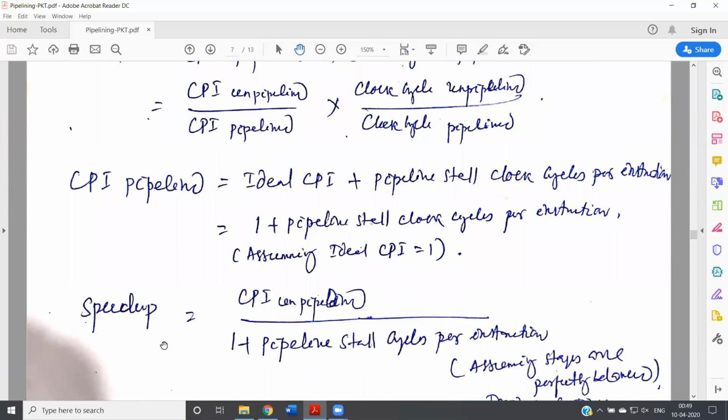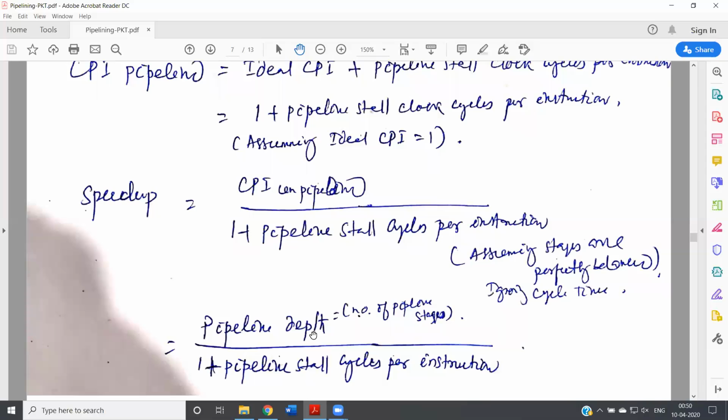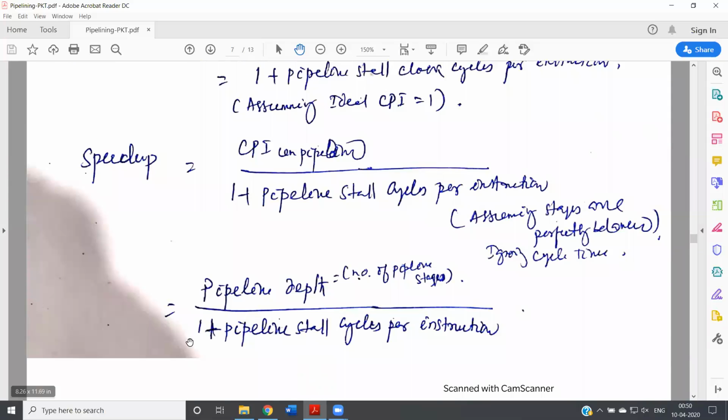So now the speedup equals CPI non-pipeline divided by 1 plus pipeline stall clock cycles per instruction. CPI non-pipeline is nothing but the pipeline depth. So speedup equals pipeline depth divided by 1 plus pipeline stall clock cycles per instruction. Why do we say it's the pipeline depth?